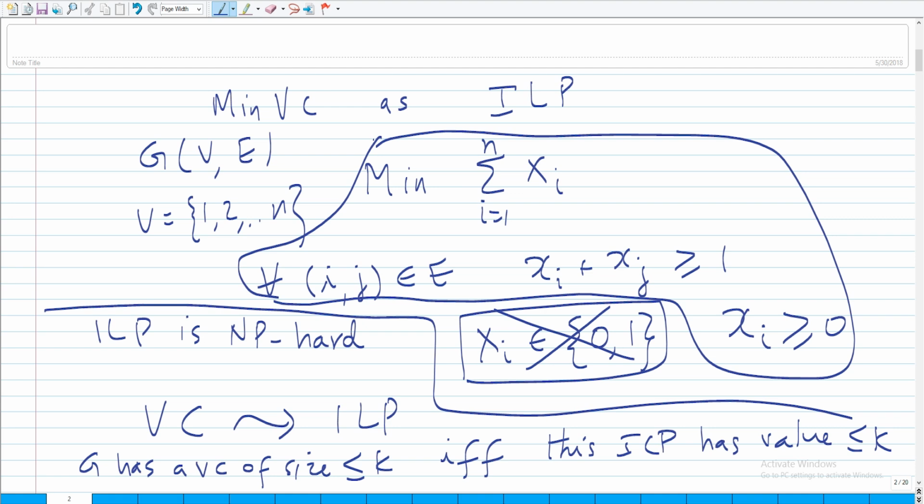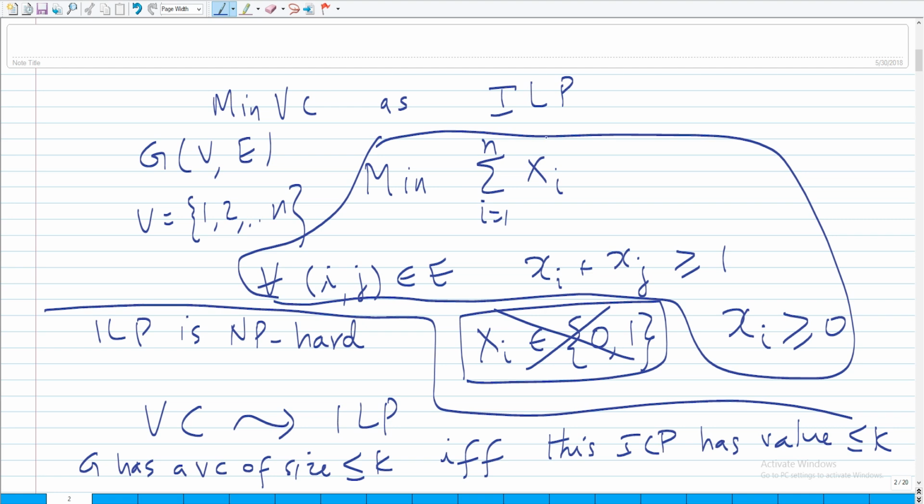So, if I solve this, is there a reason to make some x i greater than 1? No, because I just have to satisfy the constraint x i plus x j greater than or equal to 1. If some variable goes above 1, bring it to 1, it will still satisfy this constraint and the objective value will go down.